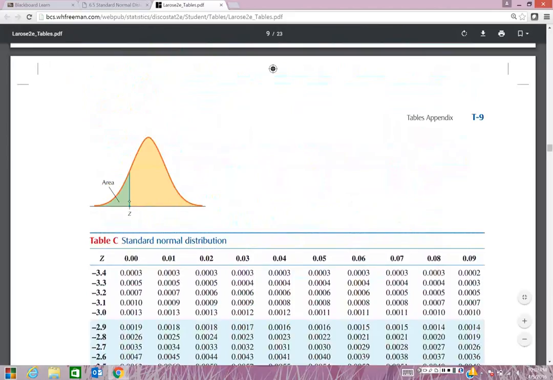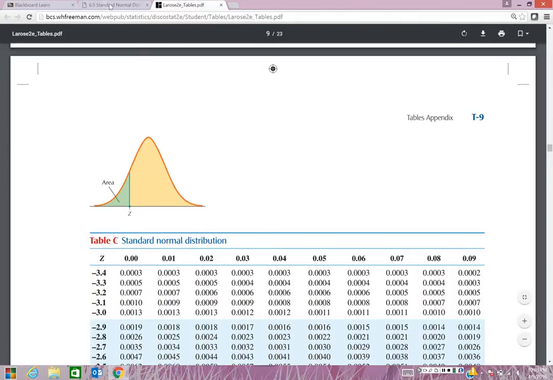Notice how they have a little graphic here, and they're showing you that this table represents the area to the left of some particular z. It will never tell you what's to the right for this table C. Only to the left. So if you are asked to find a probability to the left of some z, easy, because it gives you the exact number right here on this table. So it's pretty simple to find the area to the left.